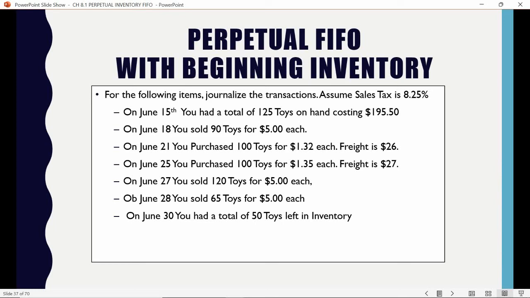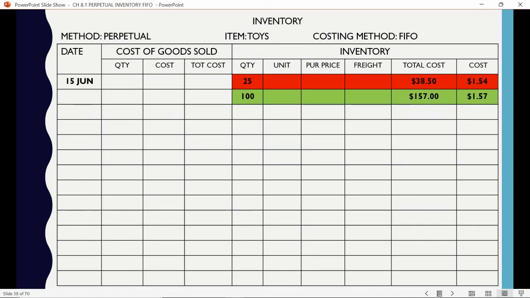However, what happens when you have beginning inventory? Here's something that's actually a little different. Since on June 15 you had a total of 125 toys on hand, what do you do with that beginning inventory? You carry it over in the exact order to your next inventory worksheet.